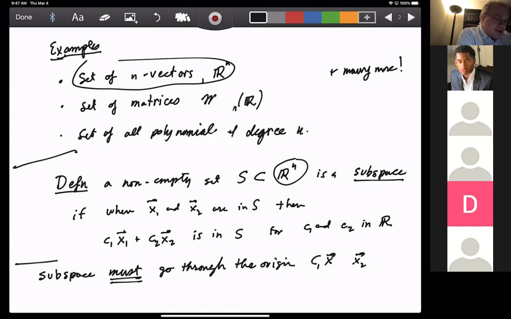The property you need to check is: I take some arbitrary linear combination of those two, quote unquote, vectors, and I need to get another vector in my space for it to be a subspace. Well, you can always take these constants to be 0. C1 and C2 are real numbers, and 0 is a real number. So if I take 0·x1 plus 0·x2, I better get the 0 vector. I better get the origin.